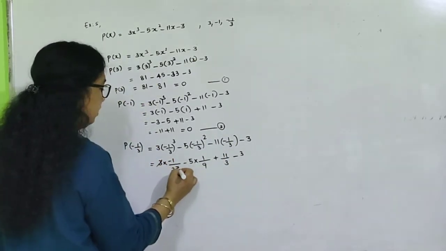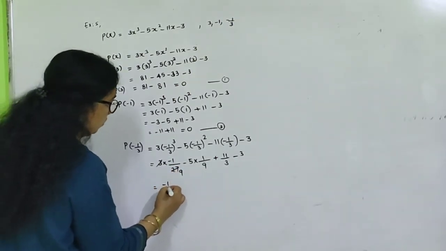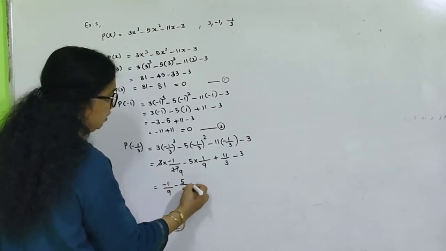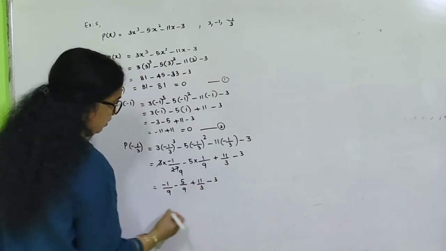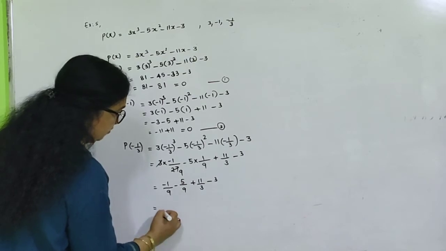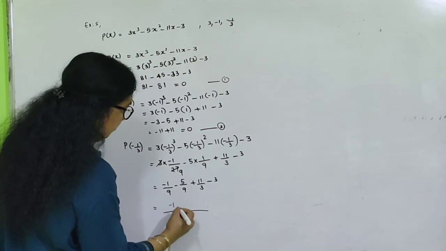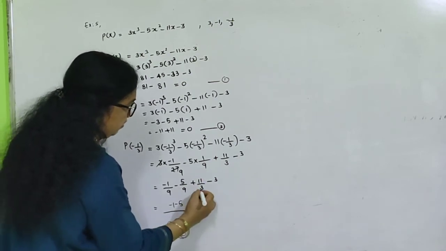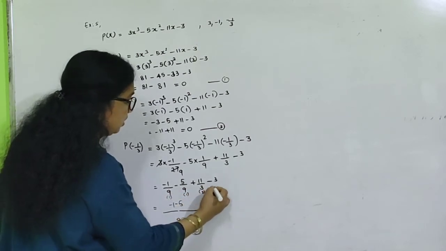So minus 1 by 9 minus 5 by 9 plus 11 upon 3 minus 3. With different denominators, we have to take the LCM, which is 9.